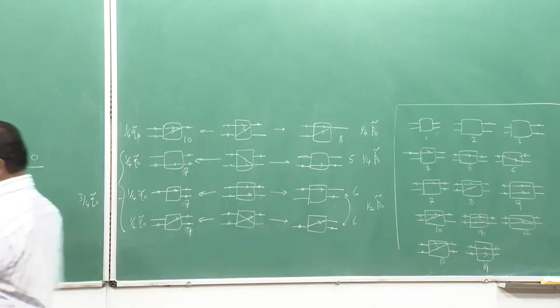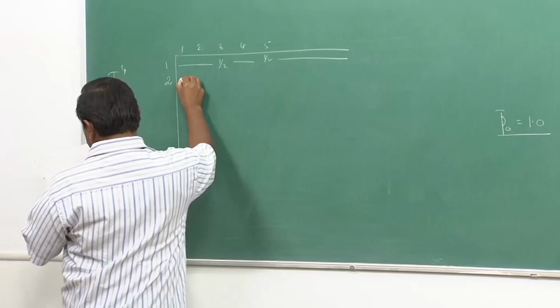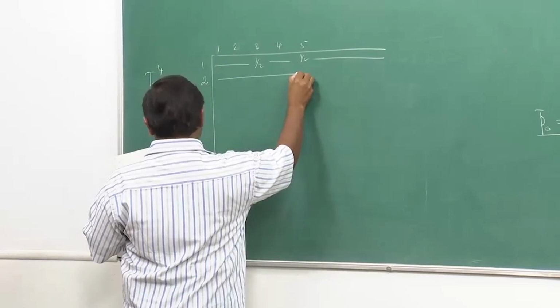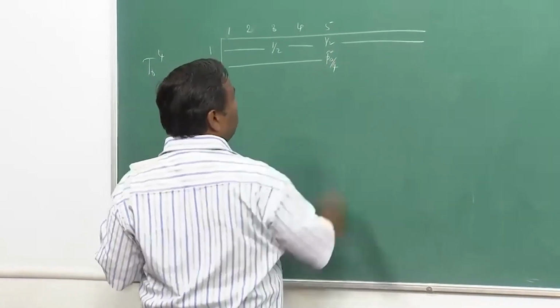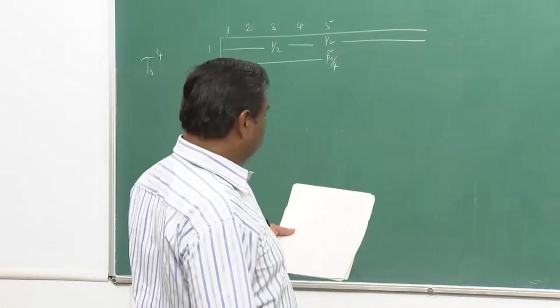So, let us put the values. So, 2 will correspondingly will have at 5 P 0 by 4, which is true.